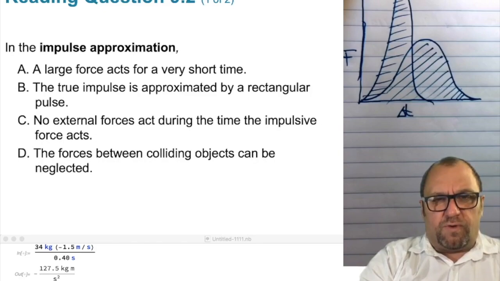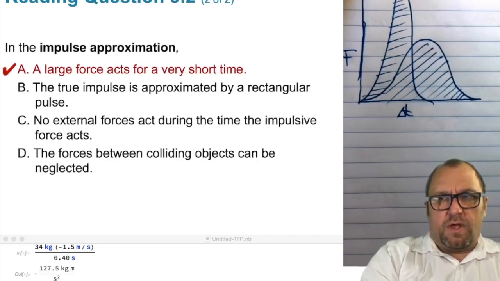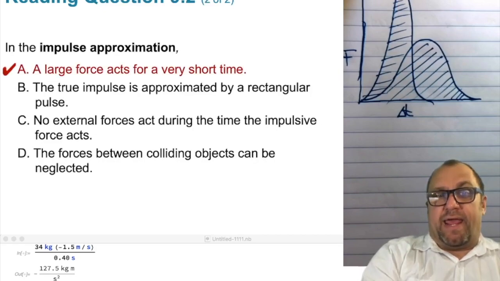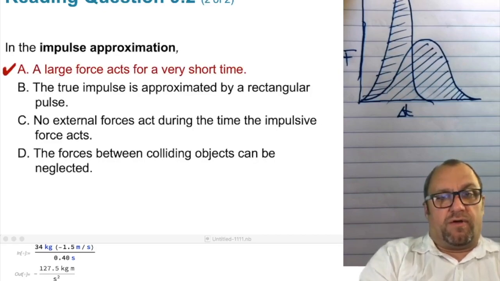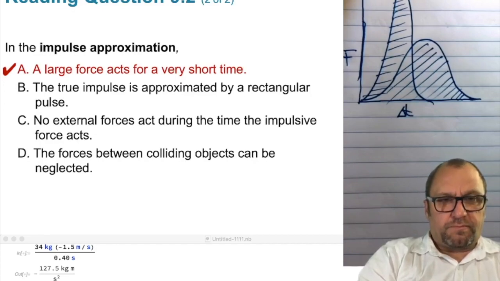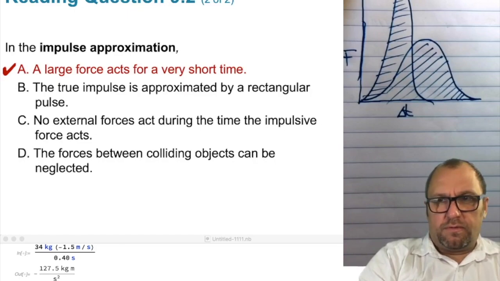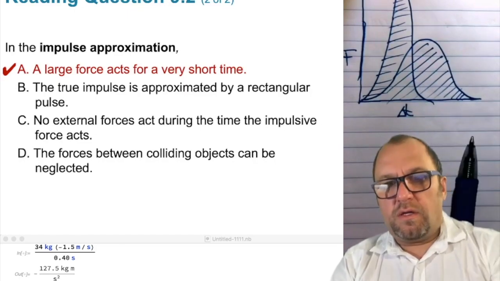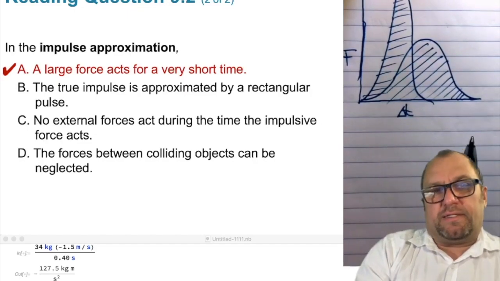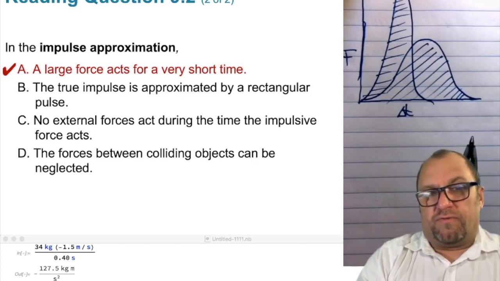C, no external force acts during the time that the impulse force acts; or D, the force between colliding objects can be neglected. The correct answer is A, a large force acts for a very short time. Okay, so the impulse approximation says that we can ignore smaller forces.